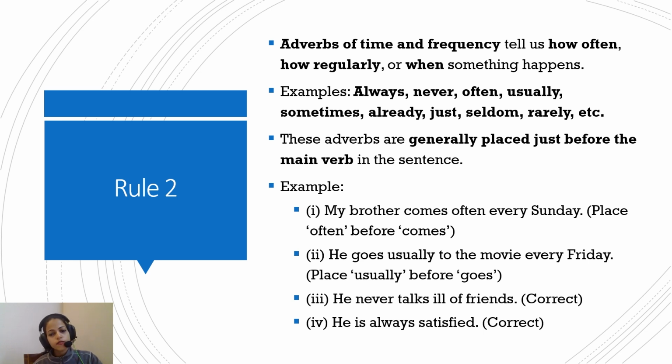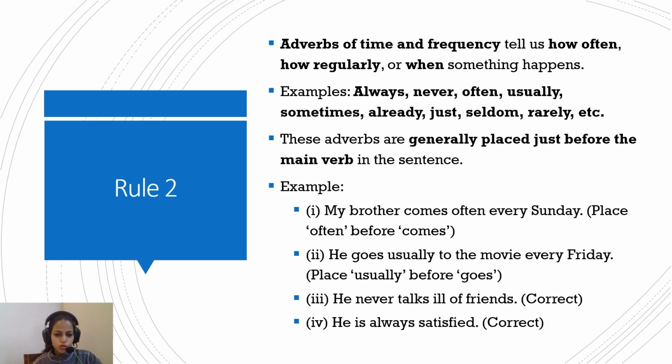These adverbs are generally placed just before the main verb in the sentence. It's commonsensical also. If something is telling the time or frequency of something, it should be placed just before that something. If the adverb of time is modifying the main verb, it should be placed just before the main verb so that it can impact that main verb.